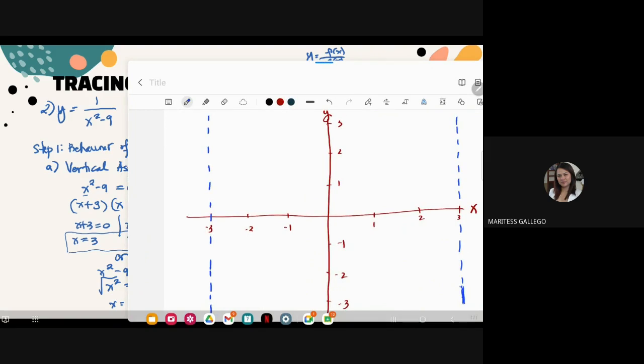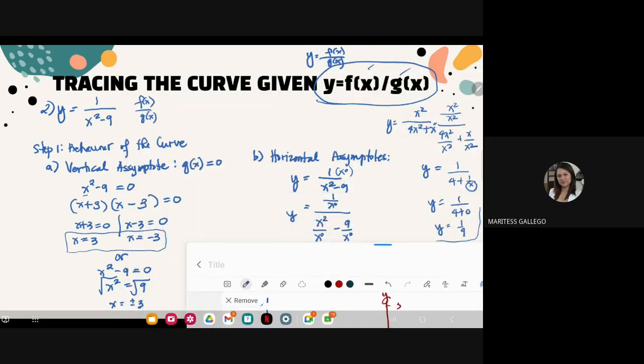So, ibig sabihin i-broken line ko lang, yung graph natin, it will not intersect our x-axis. Ayan. Okay, so this one is y is equal to 0. This one is x is equal to negative 3. And this is x is equal to positive 3. Those are your asymptotes.